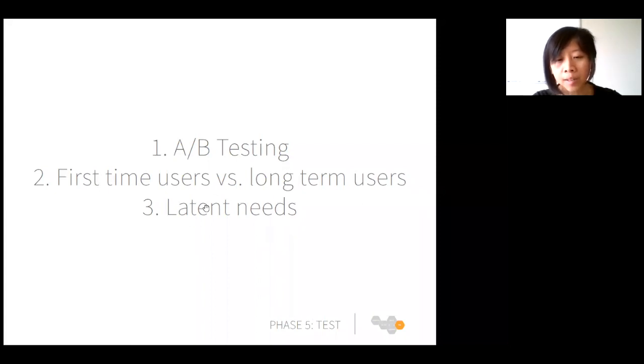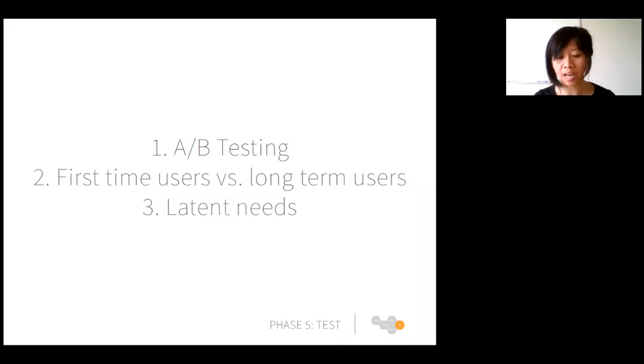And again, in terms of latent needs, like I mentioned earlier, you really want to take a step back, pretend that you're not there, and observe from a distance how your user is using that product. Now you could have the user use it in their natural environment and record themselves, or you could take a seat beside them while they're navigating a website, for example, keeping quiet and seeing how they click on buttons, how long it takes for them to find the homepage or find, I don't know, the search button.